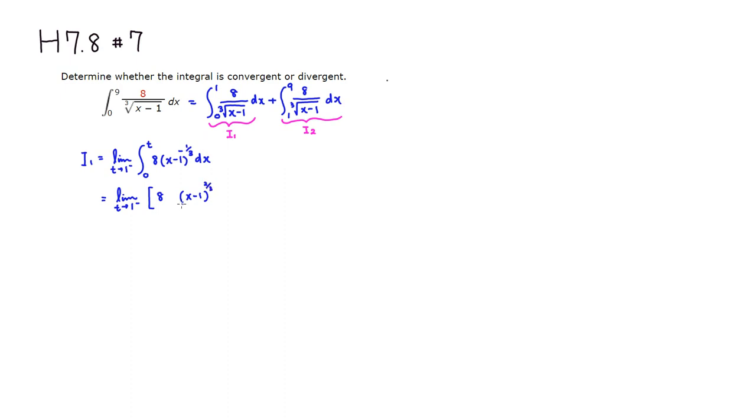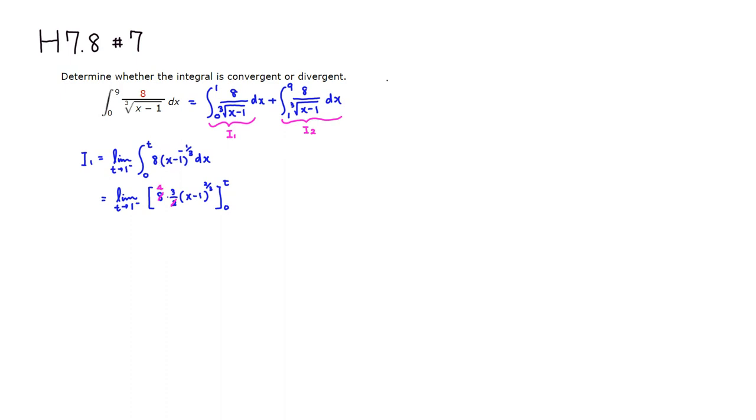Dividing by 2/3 is equivalent to multiplying by 3/2, so I'm just going to put 3/2 there, and then you are going from 0 to t. Then we can cancel 2 and 8, so that's going to be 4.